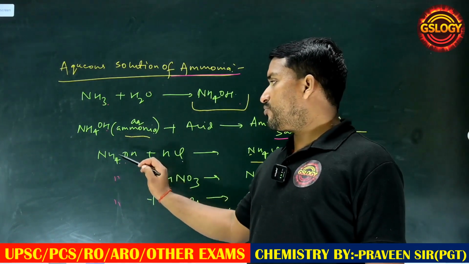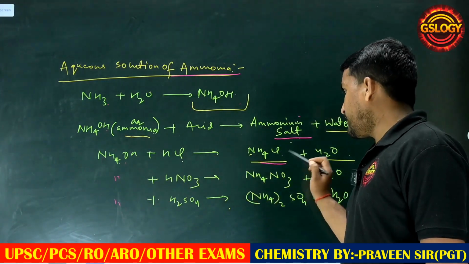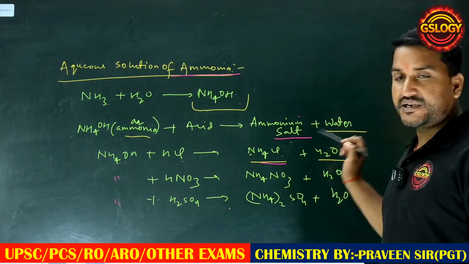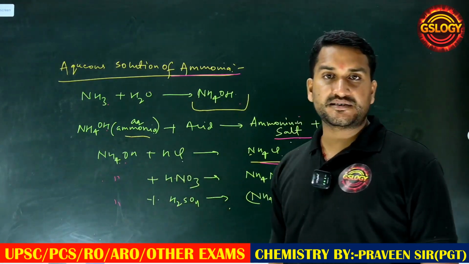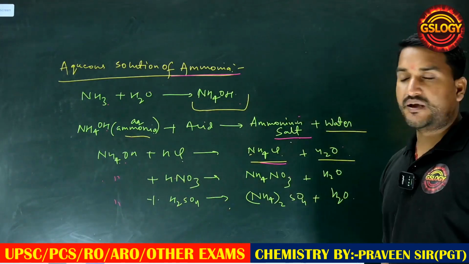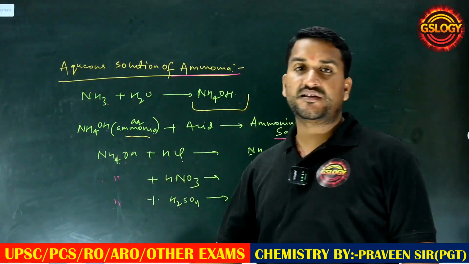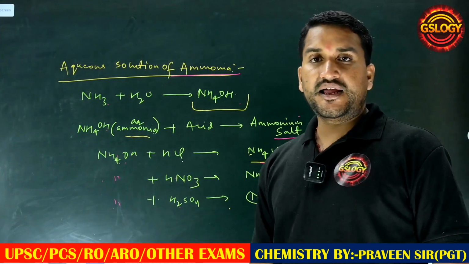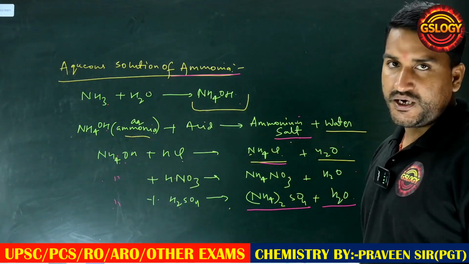With HCl, it forms ammonium chloride and water. Similarly, ammonium hydroxide reacts with nitric acid to form ammonium nitrate and water, and with sulfuric acid to form ammonium sulfate and water.